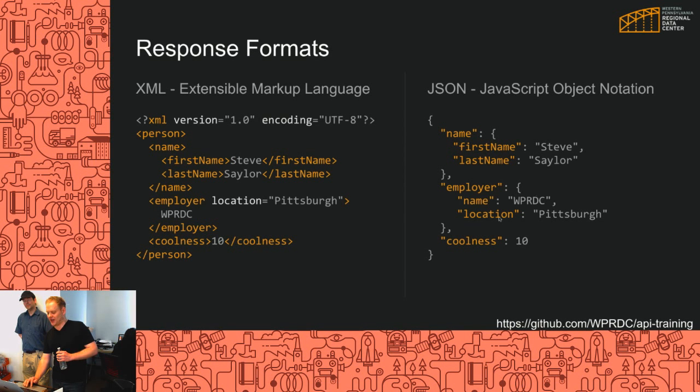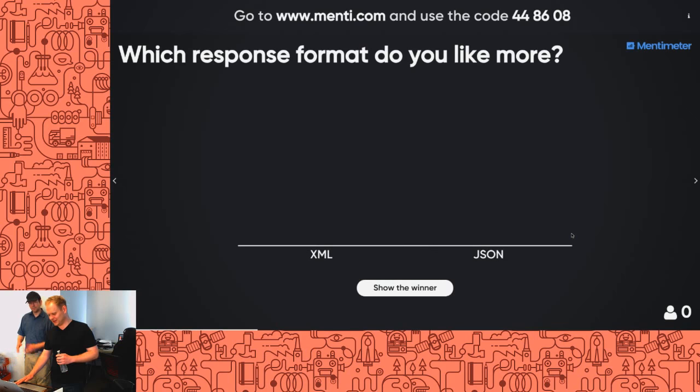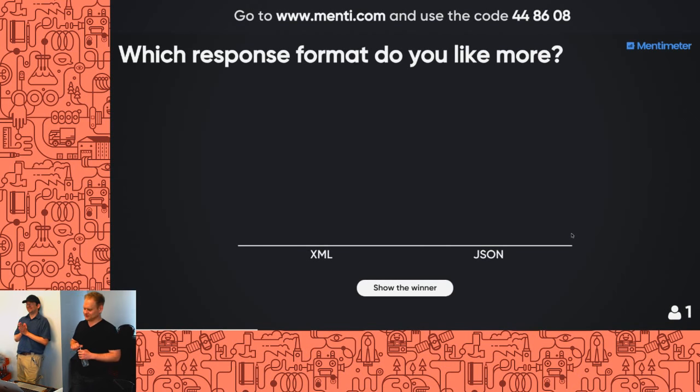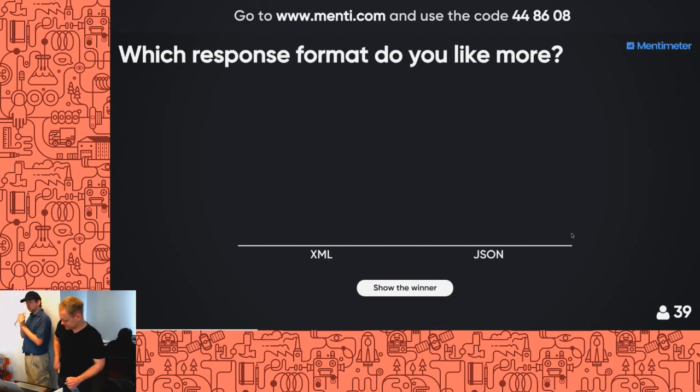So now we'll take another mentee break. Should we get a vote on this? So even though for those who aren't very familiar, just from what you've seen, which one looks better? All right. So now we can show the winner.